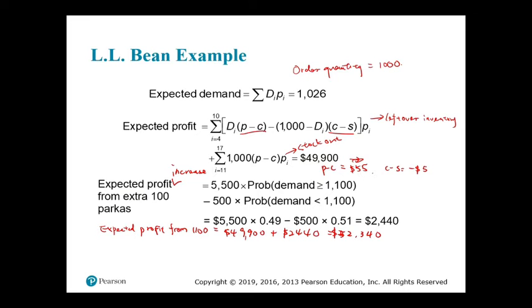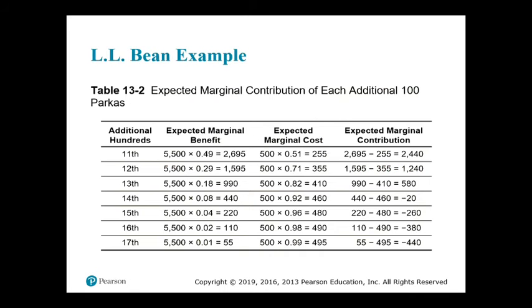And you can continue this process to say, if I order another 100 units more, what is the marginal profit for that decision? And we can then conclude with this table.